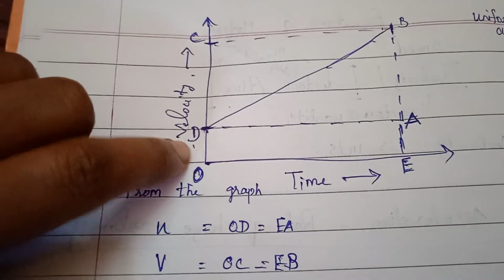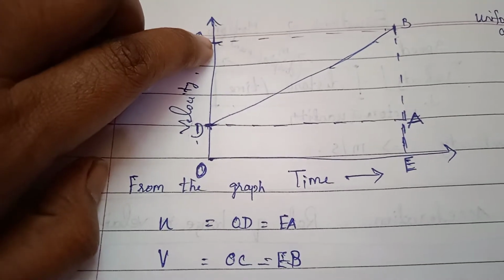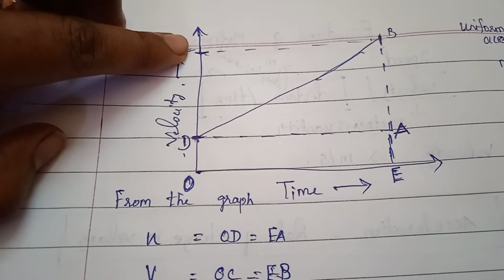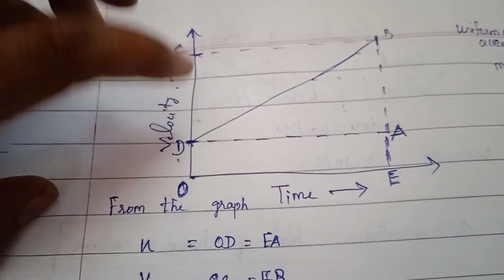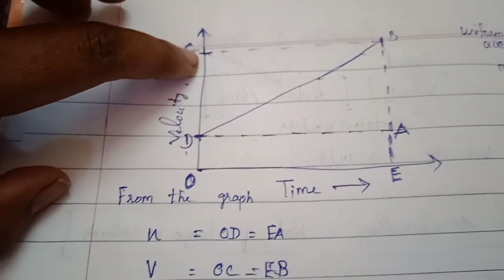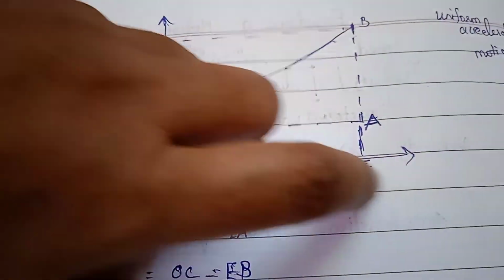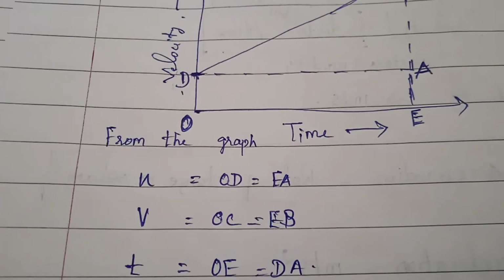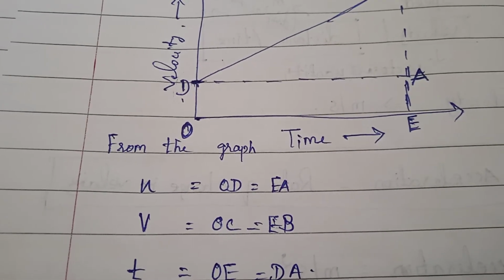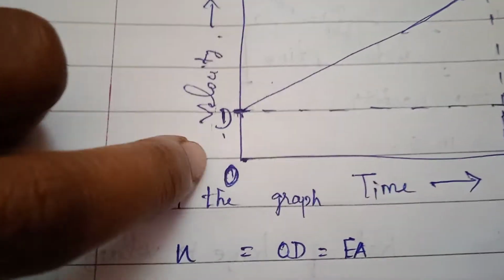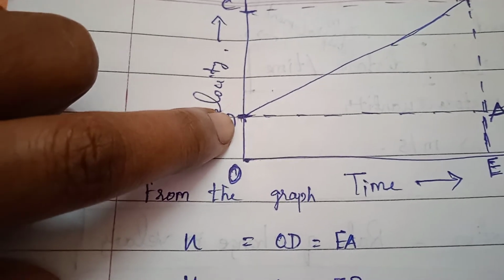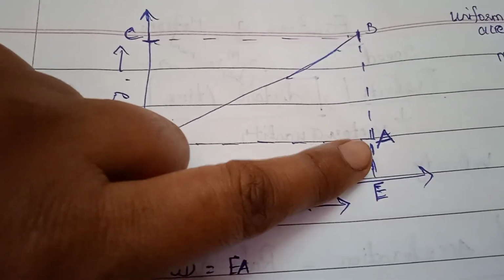This is the ending point, and the velocity for this ending point is C. So the final velocity OC we can write as EB.